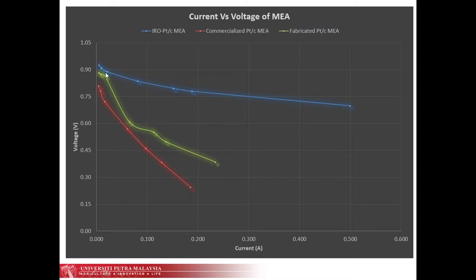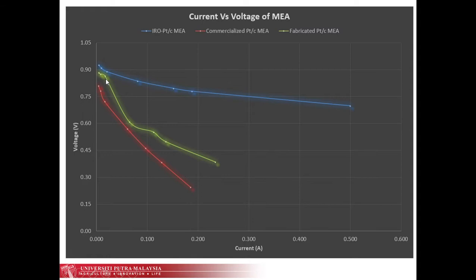As can be seen, this is the impedance loss region. It can be observed that the highest impedance loss is exhibited by the commercialized platinum carbon MEA, and the lowest by the iridium ruthenium oxide platinum carbon catalyst MEA.